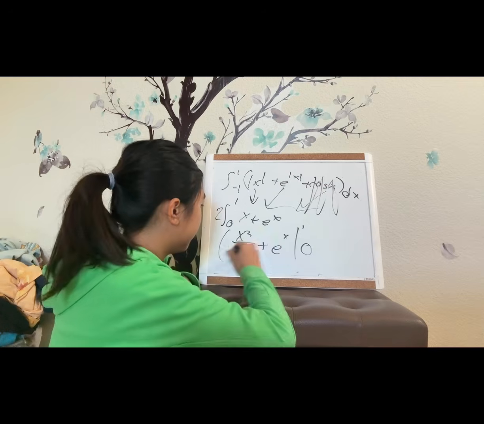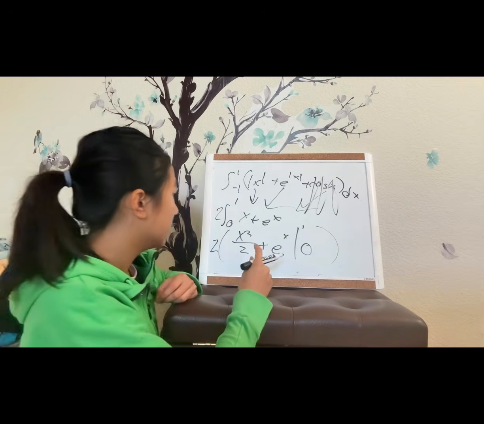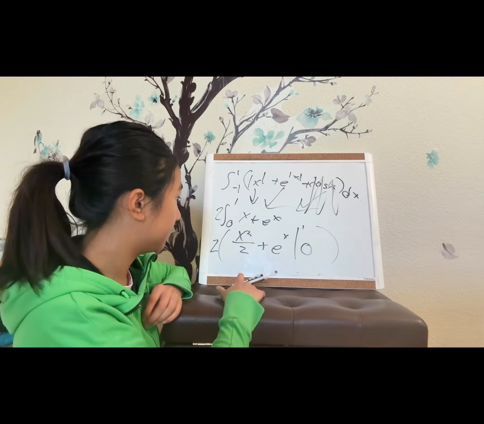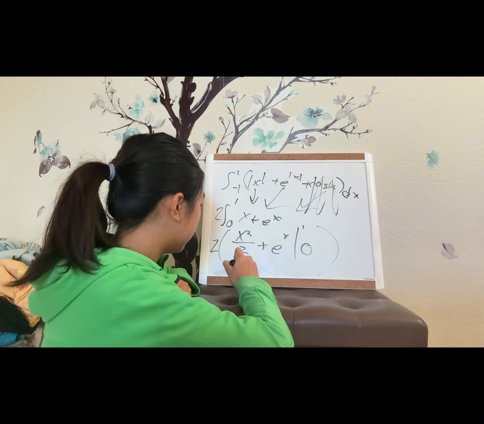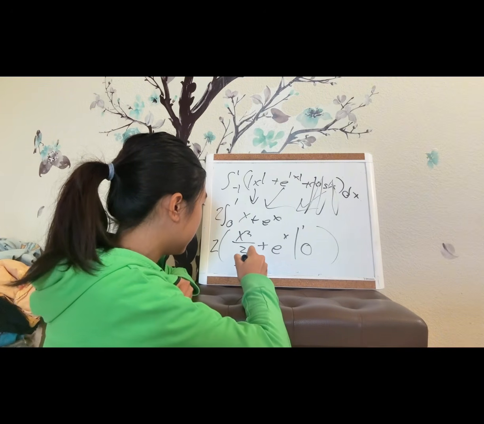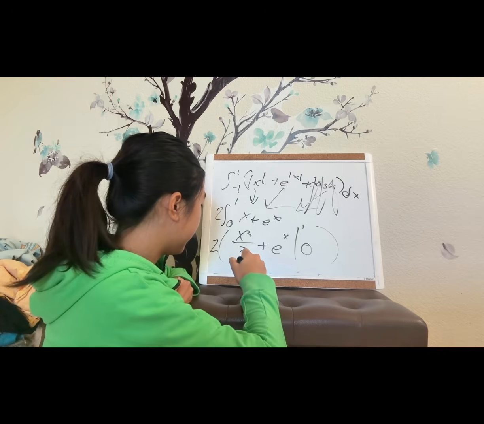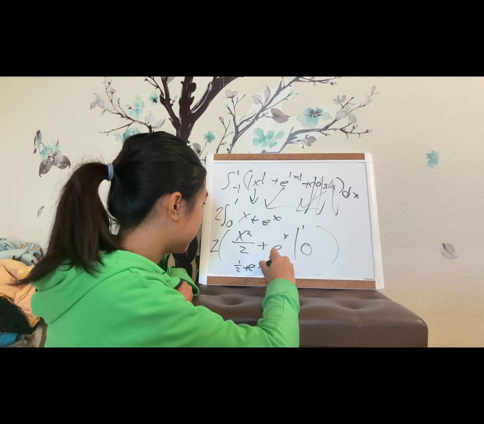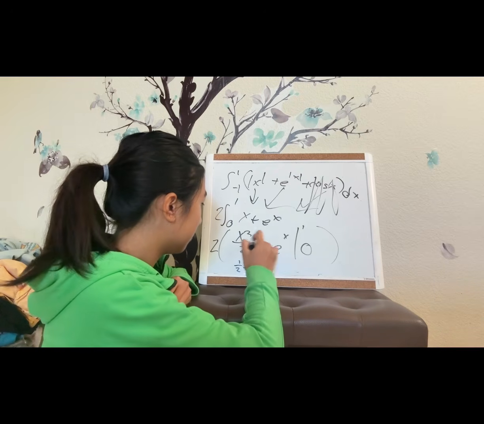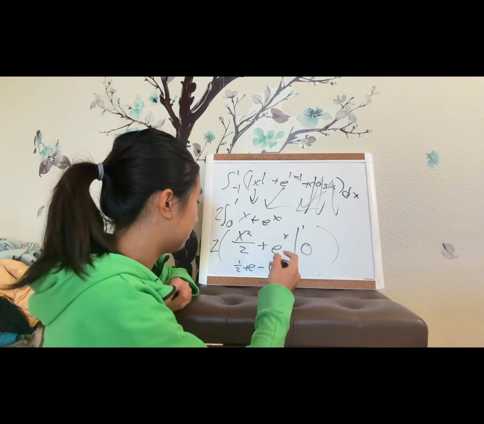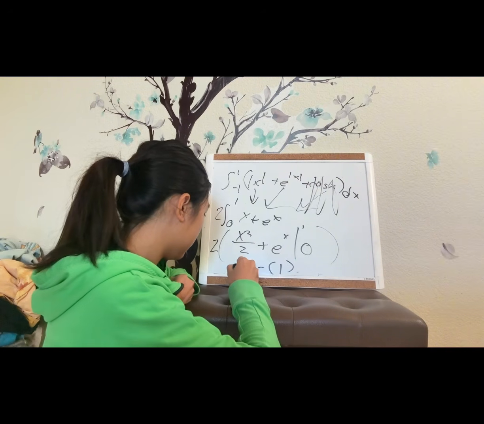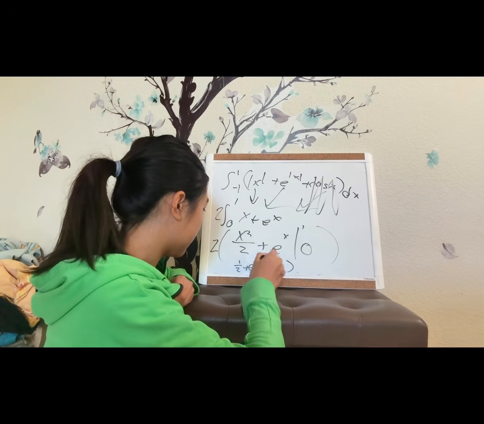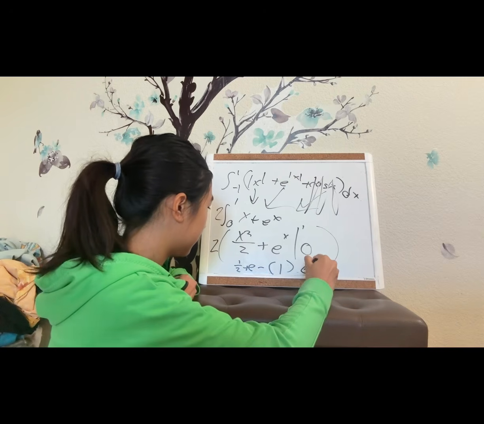Let me plug in this. So we get half plus e, and then we need to minus, this is equal to 0 plus 1, so minus 1. So we have half plus e minus 1, which is equal to e minus half.